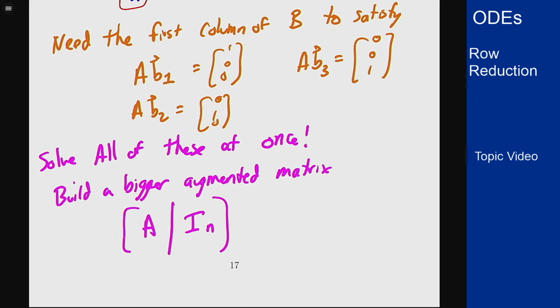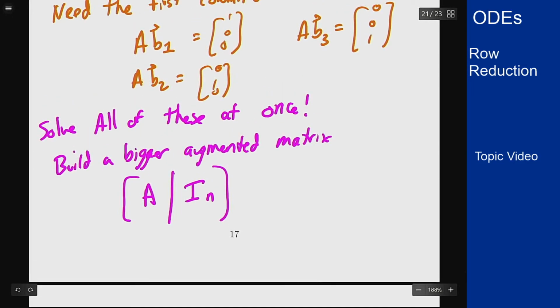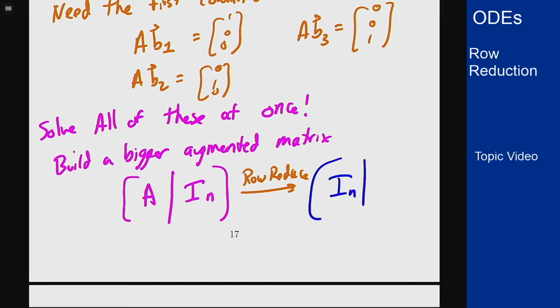We know that's going to work. So row reduce until we get to an identity on this side, and it turns out whatever shows up on the other side is going to be the inverse matrix, because the columns of that will be the columns of B that we need, so as a whole, that unit is the inverse matrix.